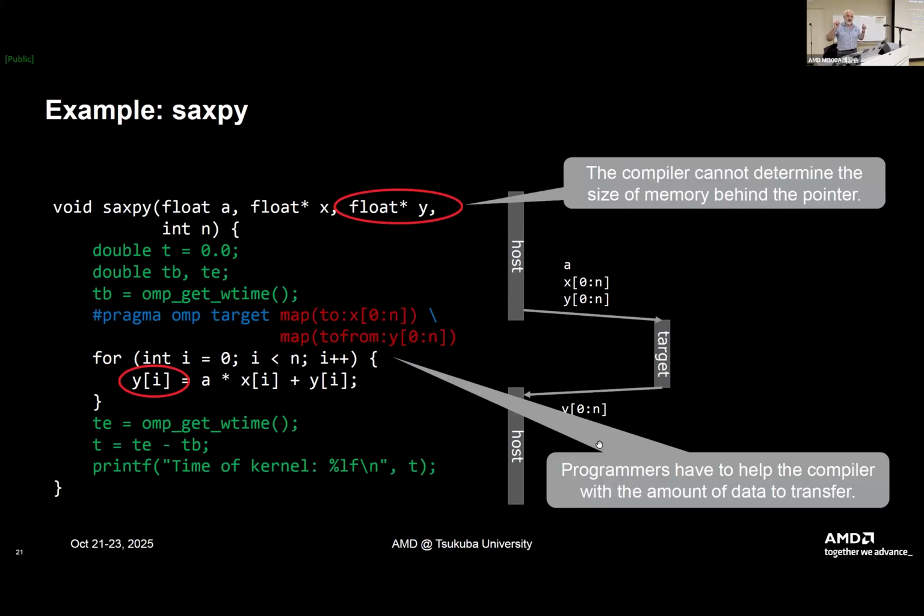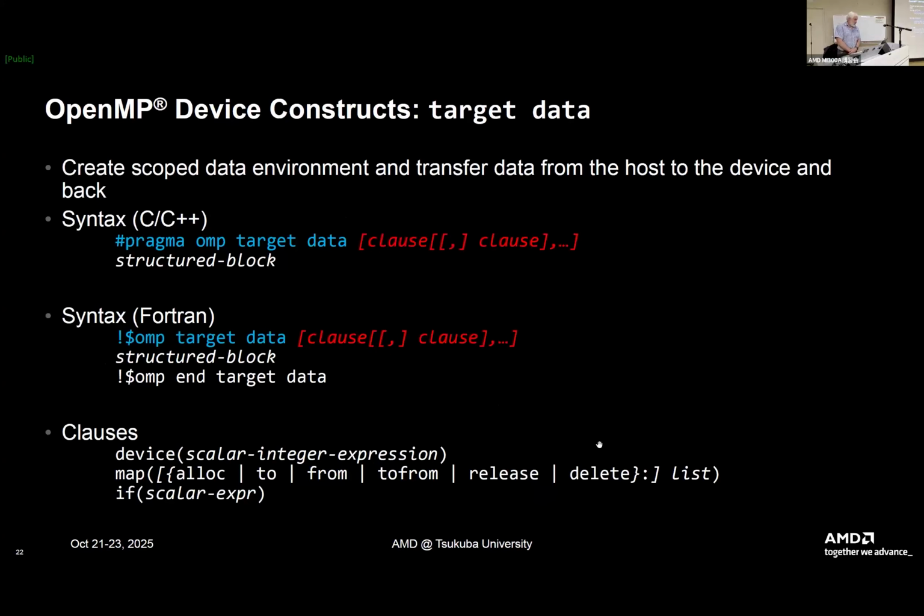That's called a dope vector. So Fortran has more information in some cases and can do this for you because it knows the sizes. So in Fortran, we could just say map X. I don't think that gets it.